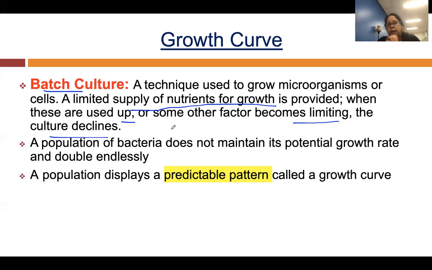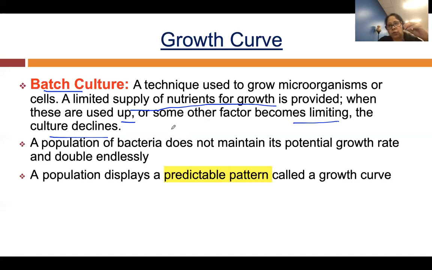And not only that, they are doing the metabolism, meaning they are eating and growing. At the same time, all the waste product will accumulate inside the media, like when you grow bacteria in the lab, inside liquid media in a tube or inside an agar plate.